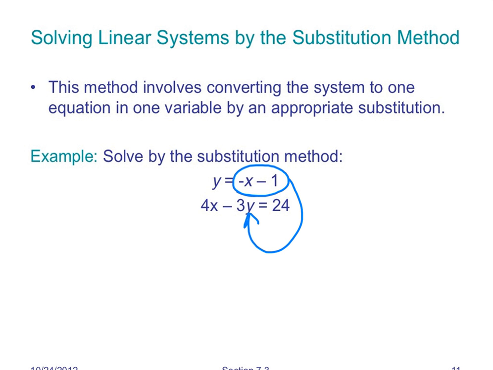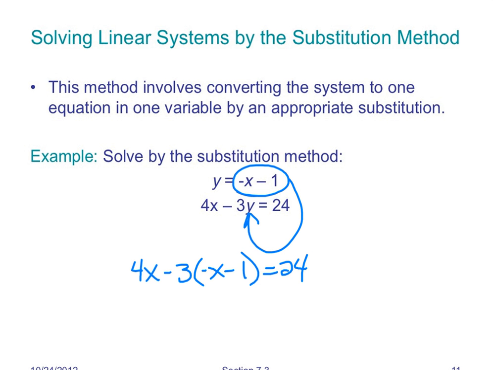I still have 4x, that hasn't changed. I still have the -3. But instead of writing y, I'm going to write -x minus 1 equals 24. From here, I'm going to solve it just like I would solve a regular equation.